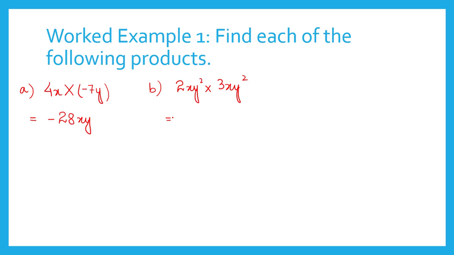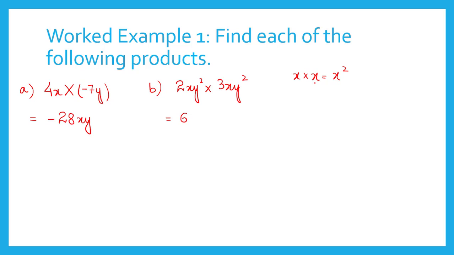So applying the same rule that we multiply the number with the number and variables with the variables, we have 2 into 3 is 6. Now here x will be multiplied with x. So we can write x multiplied by x, and using the index notation we can write it as x squared.